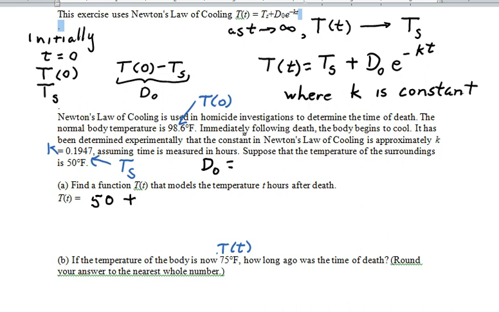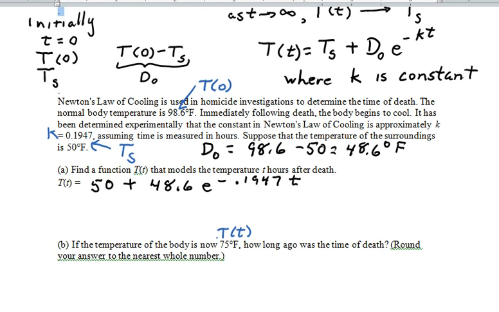And D sub 0 in this application is 98.6 minus 50, or 48.6 degrees Fahrenheit. And so T of t is going to be 50 plus 48.6 times e to the minus 0.1947t. So that is our function in this case.